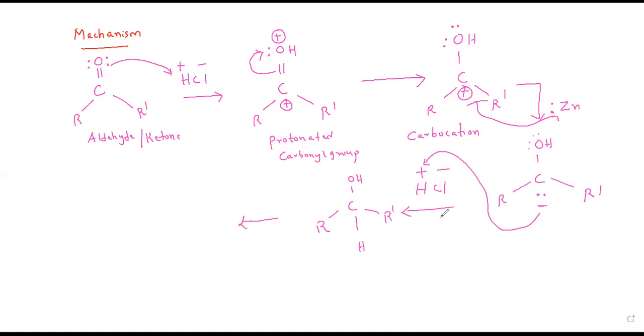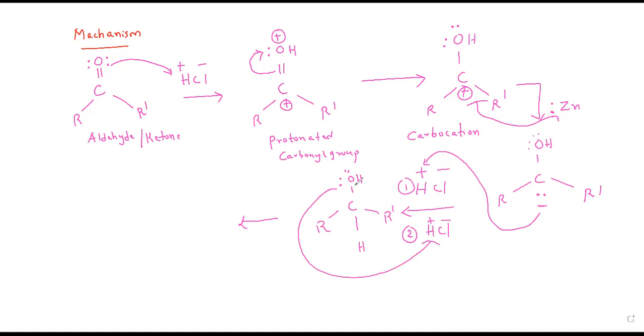Next, if you use another HCl molecule here, already one HCl molecule I have utilized, what happens now? It will undergo dissociation once again to form H plus and Cl minus. Here oxygen usually has two lone pairs of electrons. These lone pair of electrons will be shifted to the positively charged hydrogen.